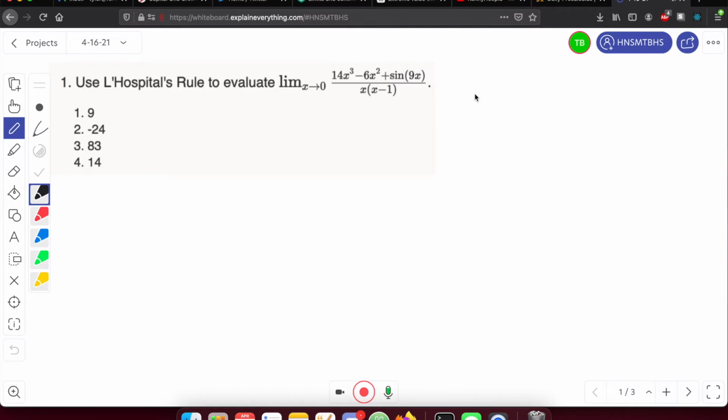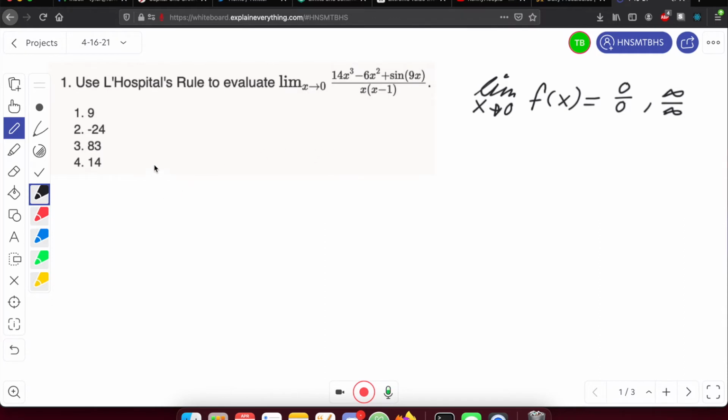It basically says if we have a limit of some form, let's say the limit as x goes to 0 of f of x, and this equals some indeterminate form, such as 0 over 0 or infinity over infinity, and so on and so forth, then we can take the first derivative of the top and the first derivative of the bottom and divide them, and this could give us the proper limit, basically.